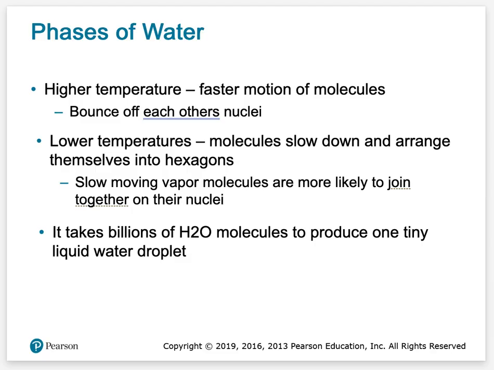Again, the water molecules will be vibrating really fast, bouncing off each other's nuclei. Whereas at lower temperatures, the molecules slow down, move very slowly, and arrange themselves into hexagons, which we see with the crystalline structure, and we'll see in the next diagram as well. And it takes billions of water molecules to produce one tiny liquid water droplet.